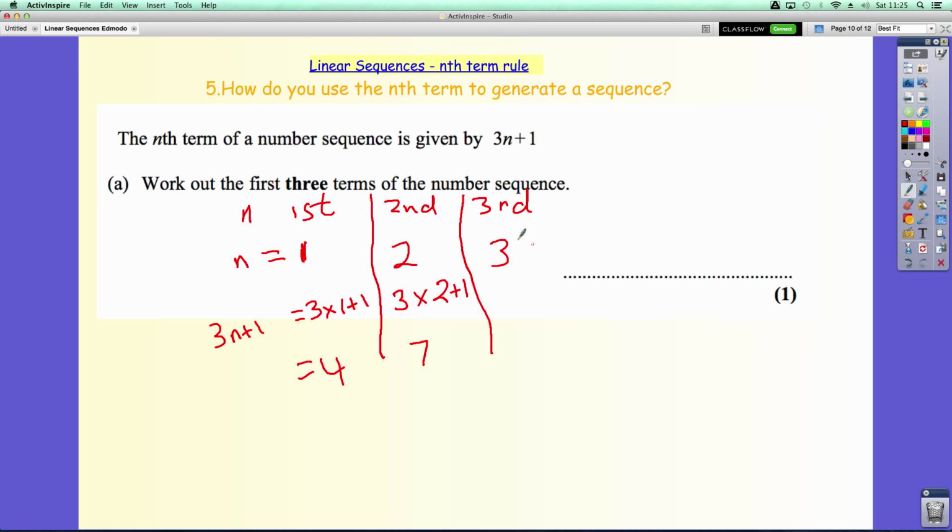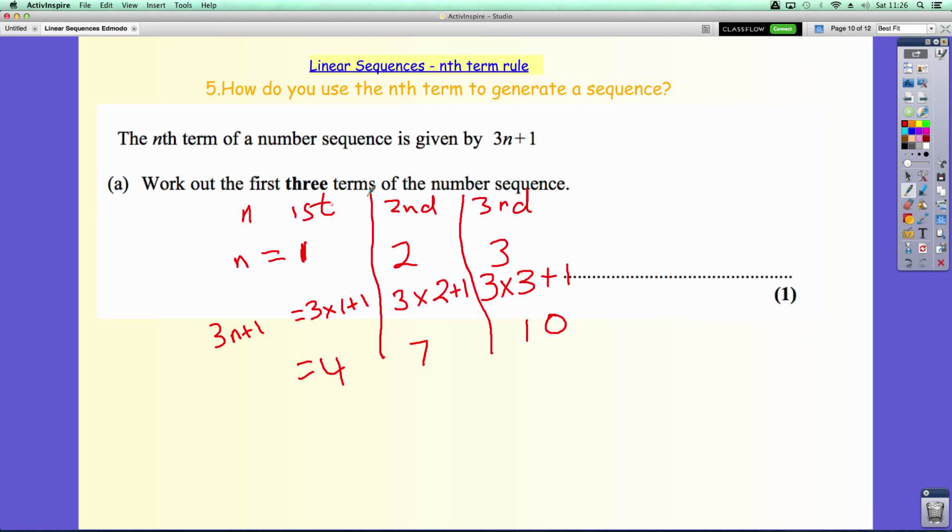And then my third is 3 times 3 plus 1. So 3 times 3 is 9, plus 1 is 10.